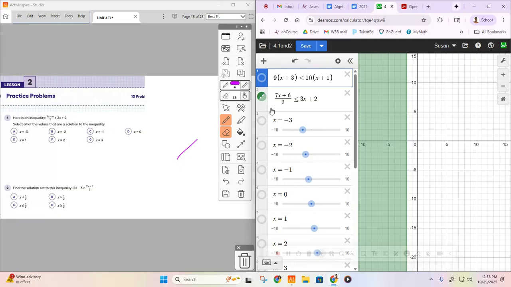All right, so when I type this in like this, remember, I'm only worried about that x-axis. This is my solution. Here in question 1, they're asking me to select all of the values that are solutions to the inequality. You can use Desmos by typing each one in. X equals -3. Is that part of my solution?